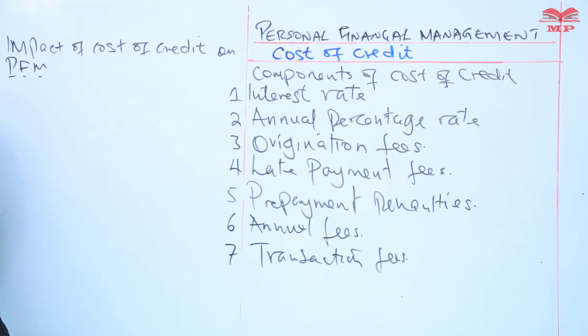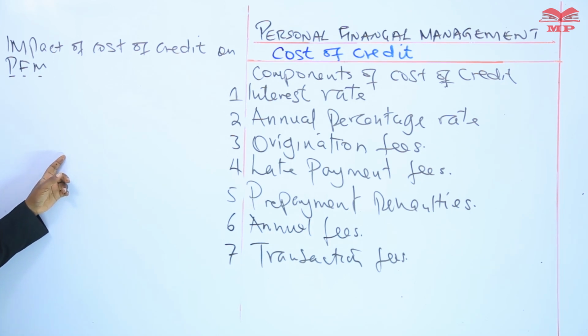Now, the cost of credit can significantly impact one's budget and financial goals. Things like high interest rates and hidden fees can lead to overspending, can lead to debt accumulation, can lead to financial stress, and so on.